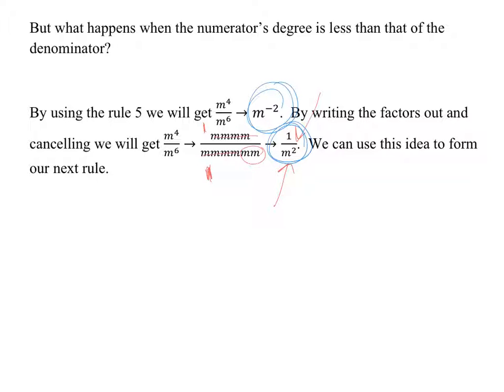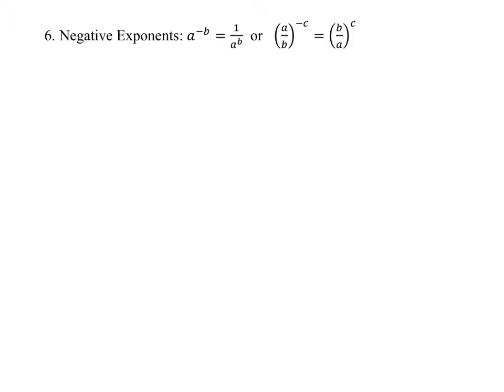If I take m to the 4th over m to the 6th and do it two different ways, those answers have to be the same. So this is really this. Use that to understand rule number 6. So let's press on to rule number 6 so we can see that.